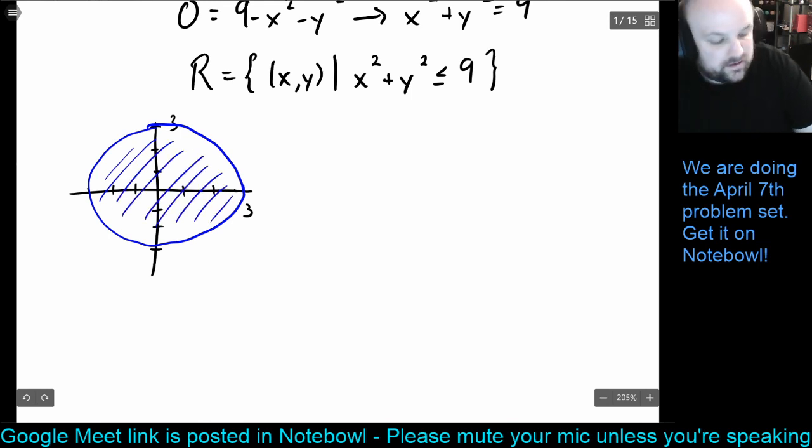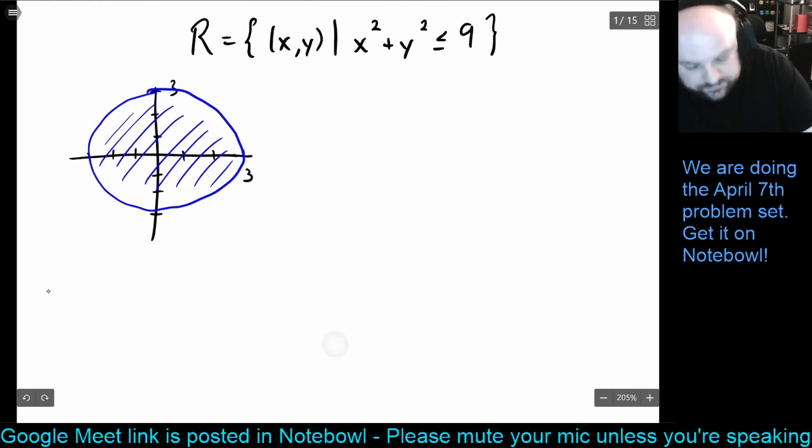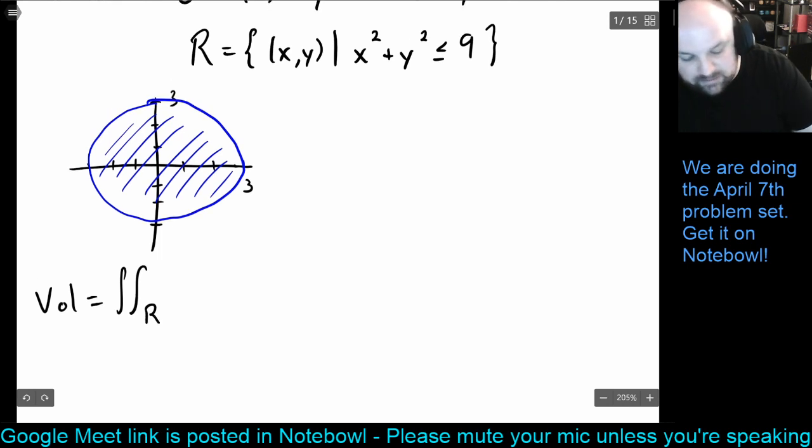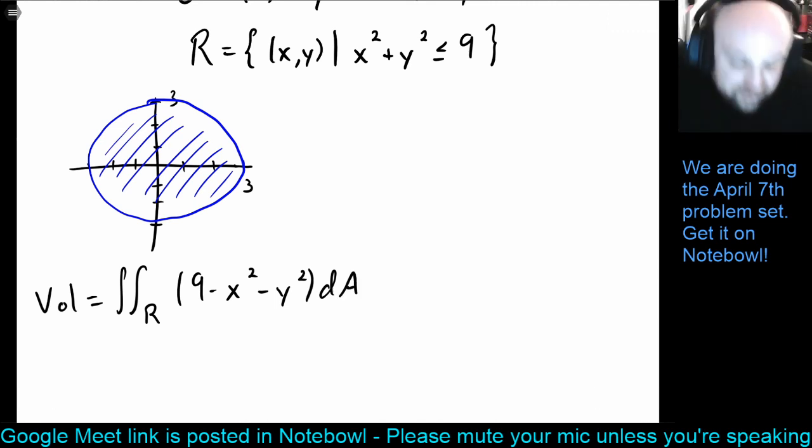All right. So this means that the volume is going to be the double integral over that region. If we write this down in Cartesian coordinates, we end up with this. Let me write dA here. Now, we can probably do this with Cartesian coordinates.